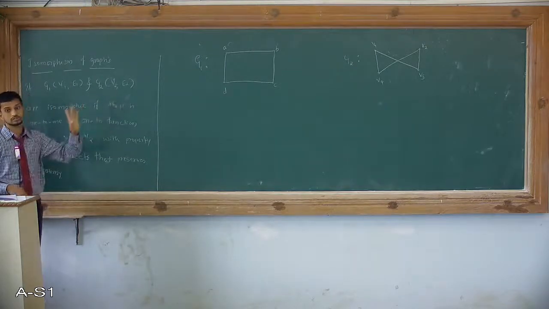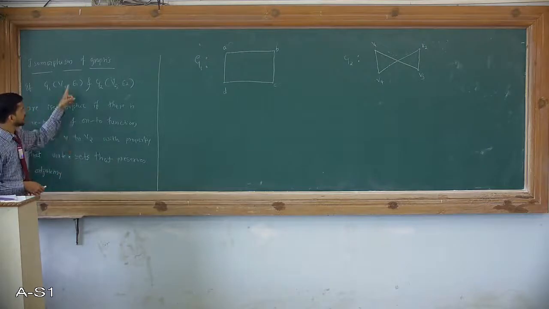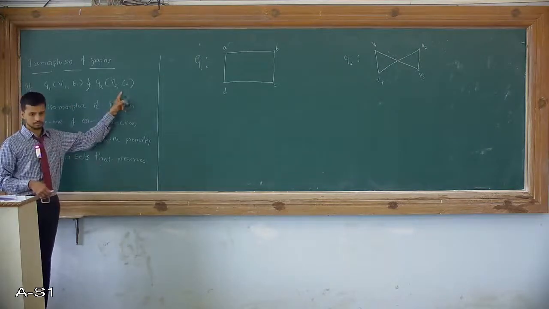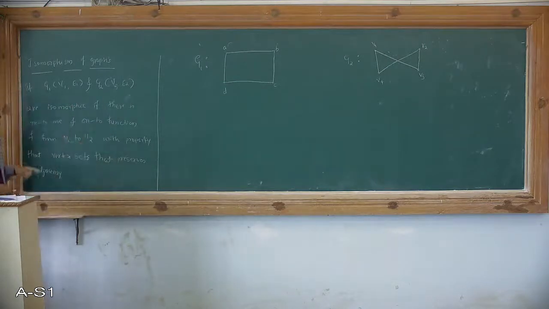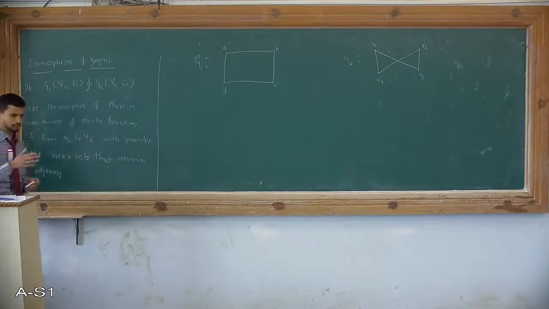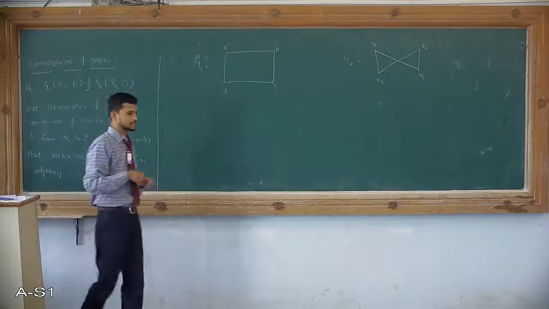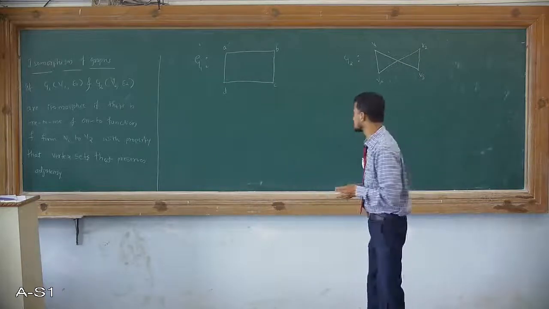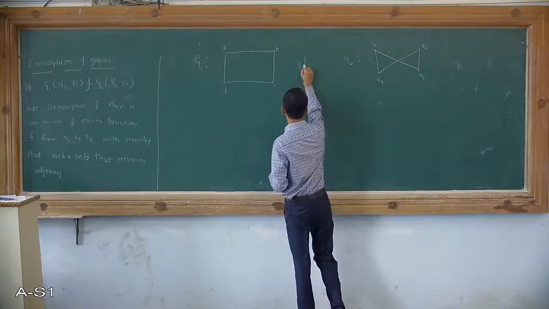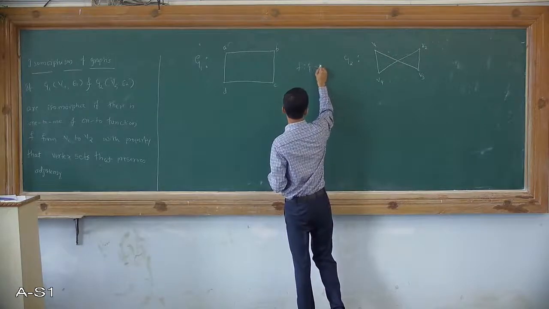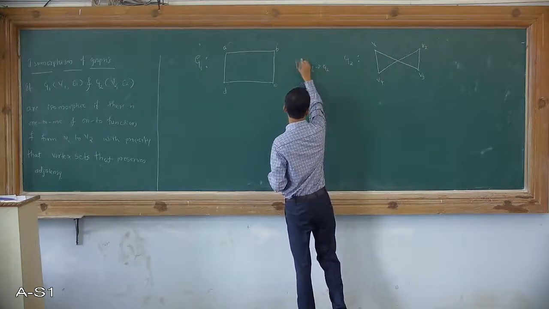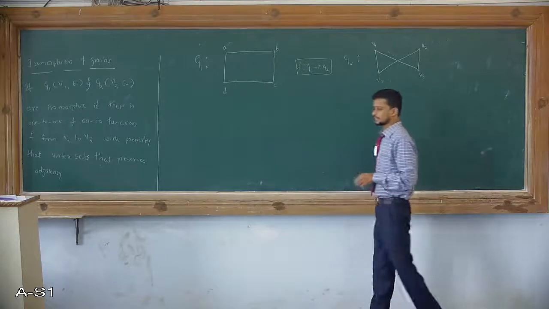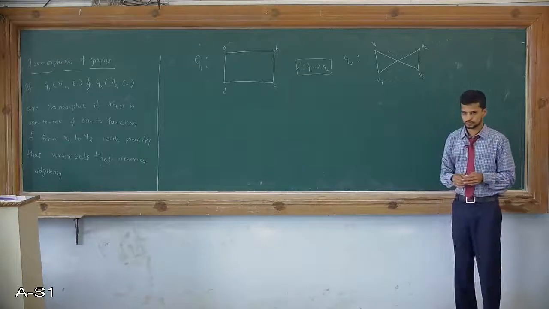V1 and V2 are not the same, keep it in mind. E1 and E2 are not the same, keep it in mind. And if I can develop a one-to-one and onto function from V1 to V2, then I will say graphs G1 and G2 are isomorphic. In other words, if you take f from G1 to G2, it is just for a rough idea, I am writing it as f from G1 to G2.